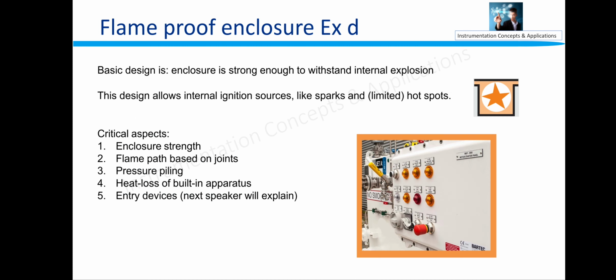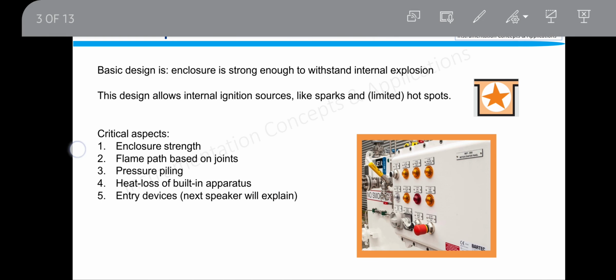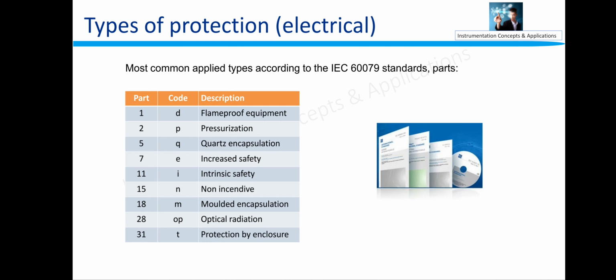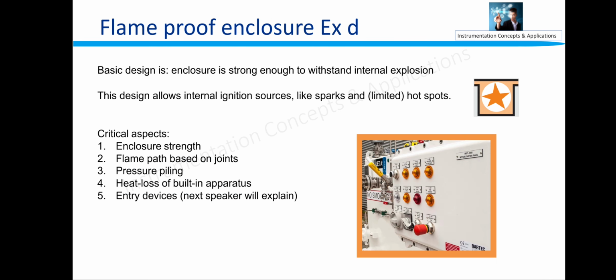So yes, first is the flameproof enclosure. This is 60079-1. The basic design in the flameproof enclosure, Ex d, is that the enclosure is strong enough to withstand an internal explosion. Flameproof means the flames inside the particular enclosure are not capable of going outside, so that they cannot impact the hazardous area.